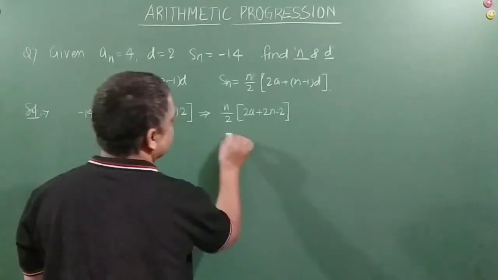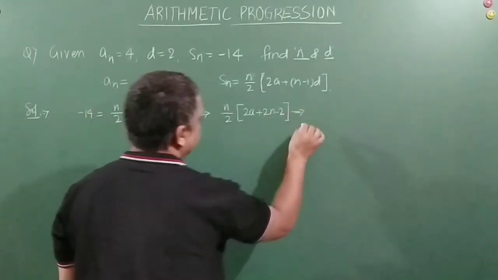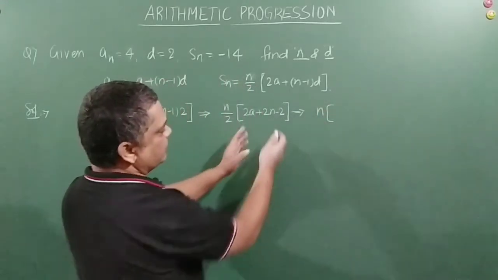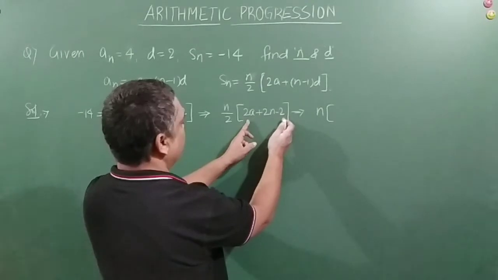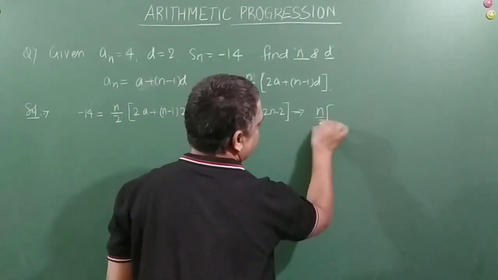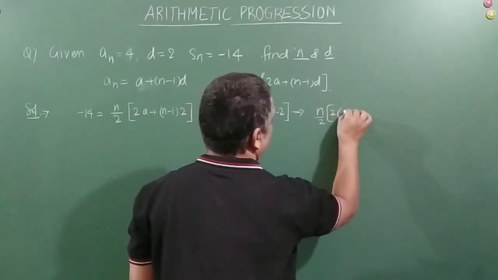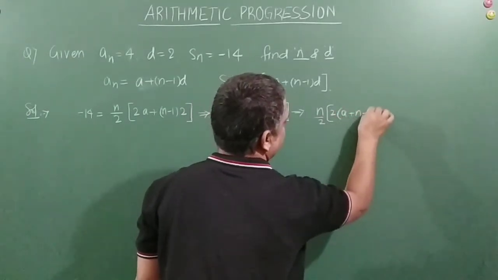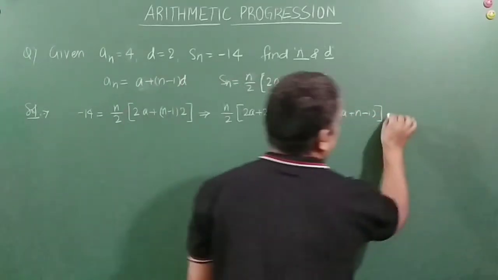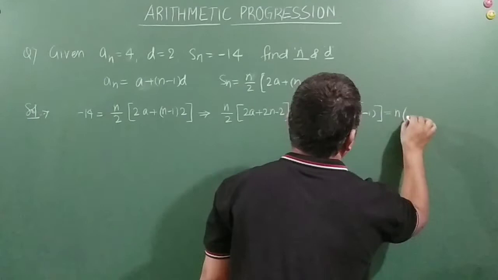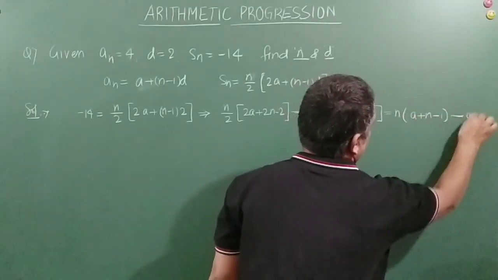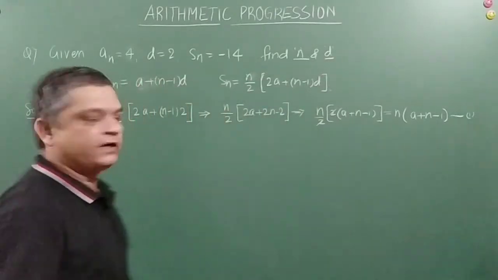What we can do here is take 2 common and cancel the 2 and 2, which finally gives me n(a + n - 1). We'll keep it for some time here.